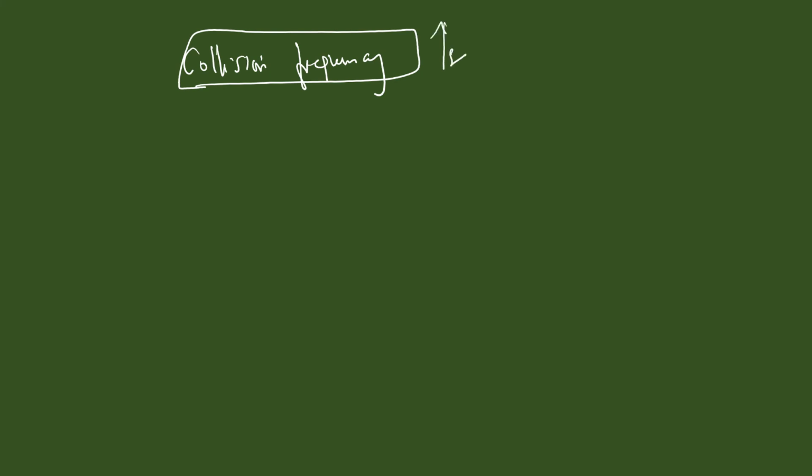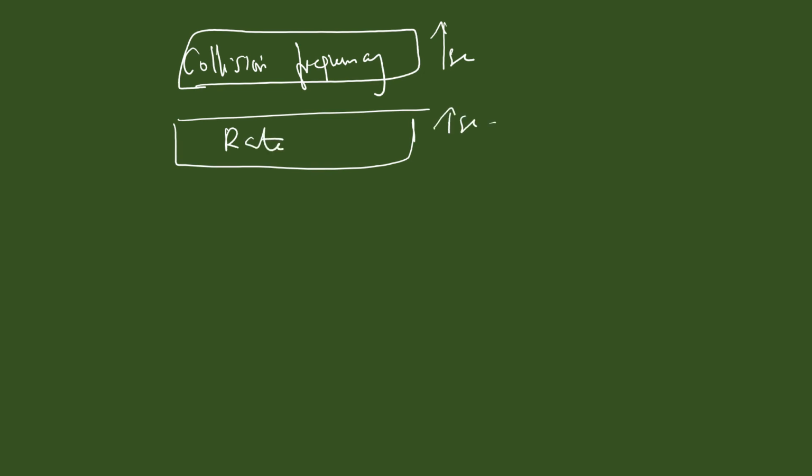Collision frequency. You have to get used to this word. Whenever the collision frequency increases, what is going to happen? Rates would also increase. The rate of the chemical reaction would also increase.